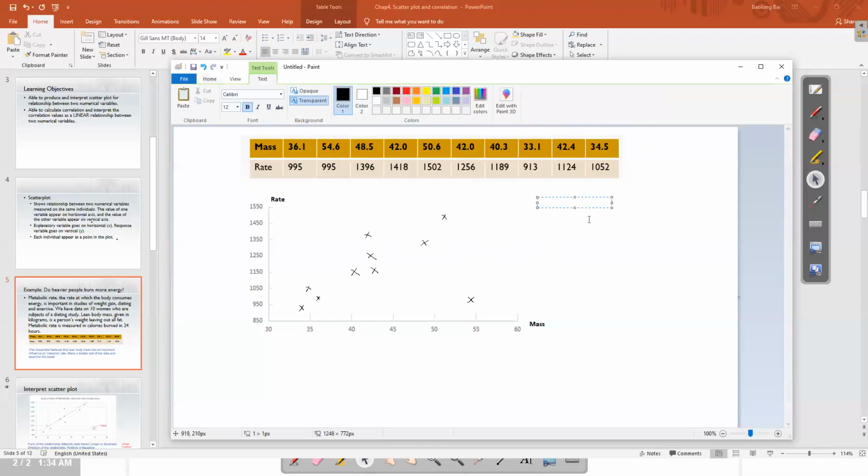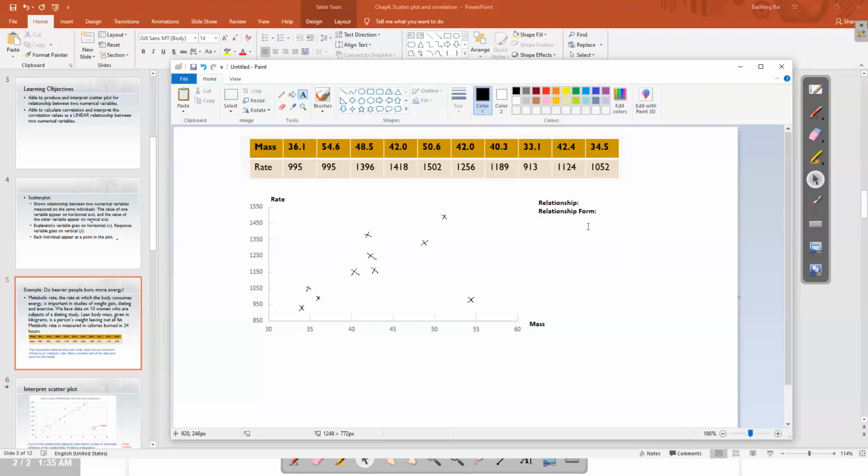Anything that you learn from the scatter plot is about relationships. So what kind of feature about the relationship can you observe from the scatter plot? The first thing is relationship form. What kind of major trend do you observe from the scatter plot? Basically, you're going to look at the majority of the data trend.